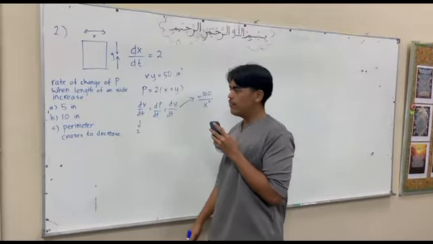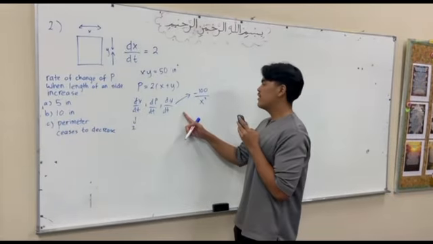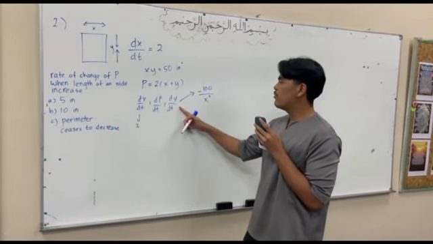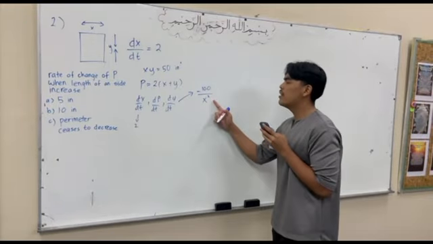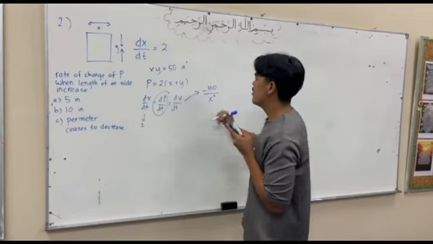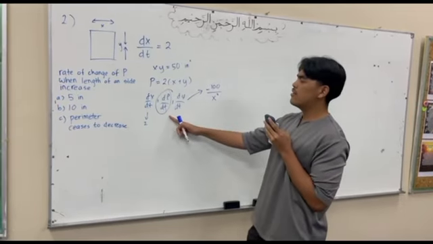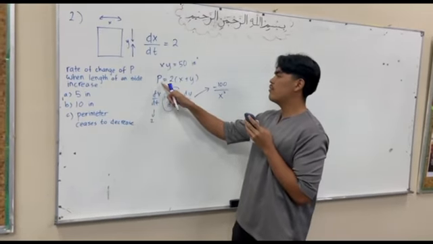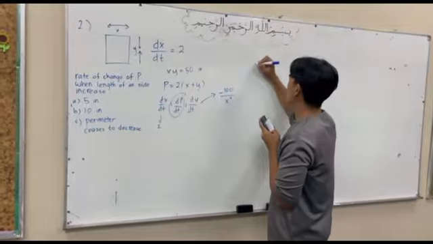Alright, let's continue. We just got our equation for dy/dt, which is negative 100 over x squared. Then we want to find dP/dt. We can get it by differentiating this equation.